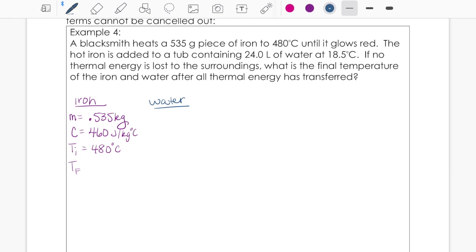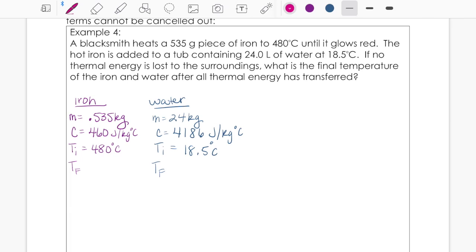Okay, for the water, they gave it to us in liters. Remember that 1 liter equals 1 kilogram, so 24 liters would equal 24 kilograms. Okay, the specific heat of water, again, I go back and look at that chart and find that it's 4,186 joules per kilogram degrees Celsius, and then my initial temperature was 18.5 degrees Celsius.